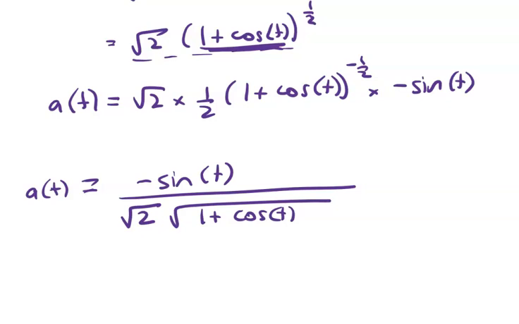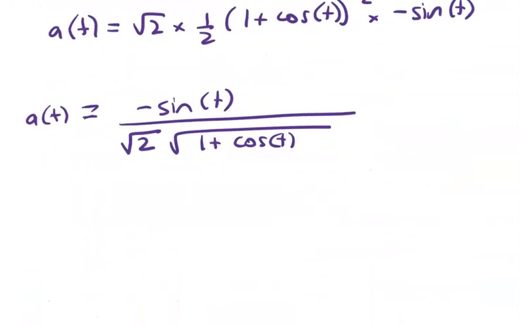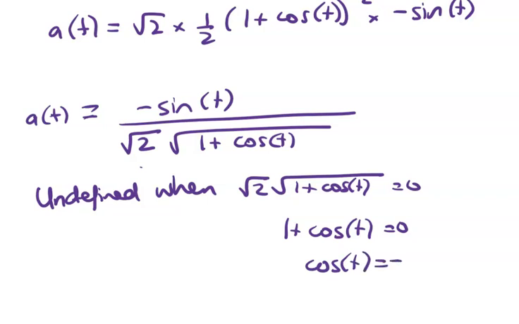I can't simplify that anymore, but what we're being asked to do is to show that a of t is not continuous. So we've got a fraction. We can't have the denominator equal to 0. So it's going to be undefined when root 2 times this is equal to 0, which is the same as when 1 plus cos of t is equal to 0, which is when cos of t is equal to -1.